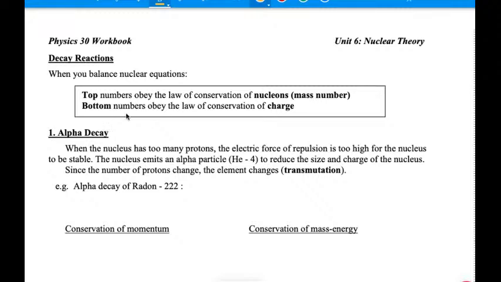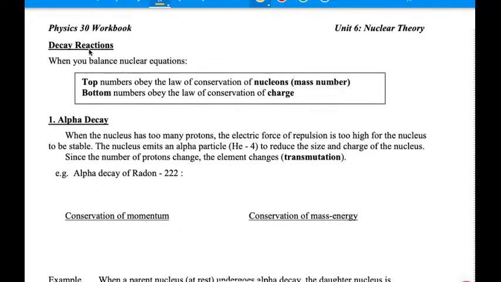All right, those are the types of radiation. Let's look at where those radiated particles are really coming from. So we've got 3 types of, or actually more, 4 I think, types of decay reactions we're going to look at.